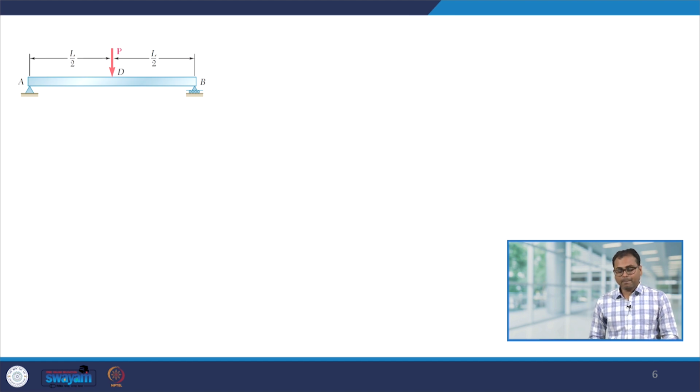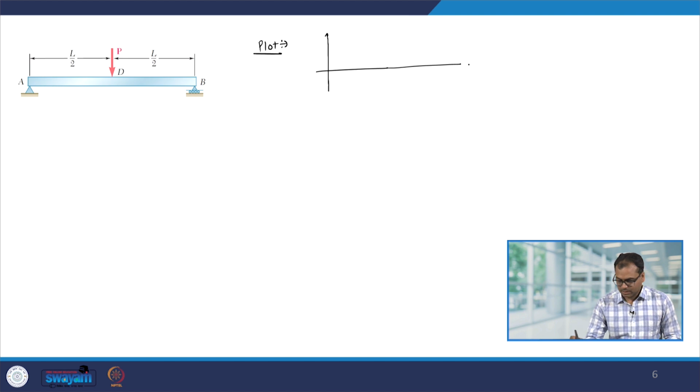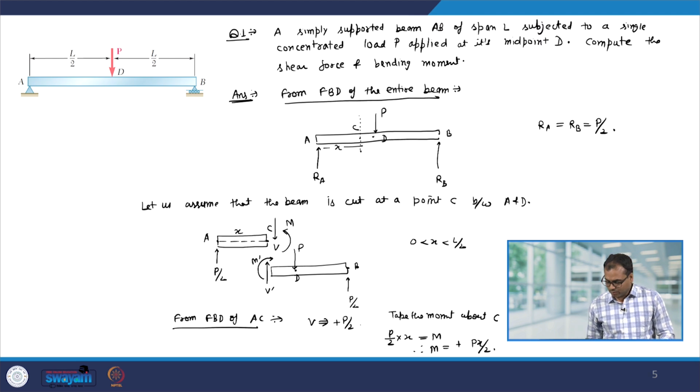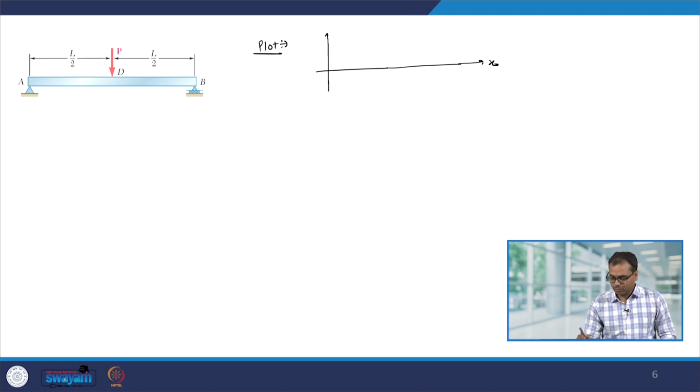Now let me plot this. So let me first plot the shear force. So this is x, and just now we have calculated that the value of the shear force is P by 2. So it is independent of x, and we have calculated this in the region between 0 and L by 2. So let me put here that this is my L by 2. So its value is constant, and the value was P by 2.